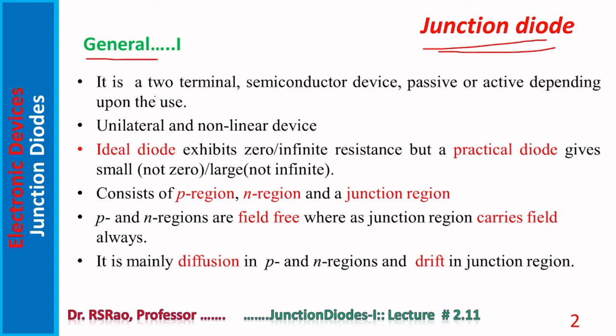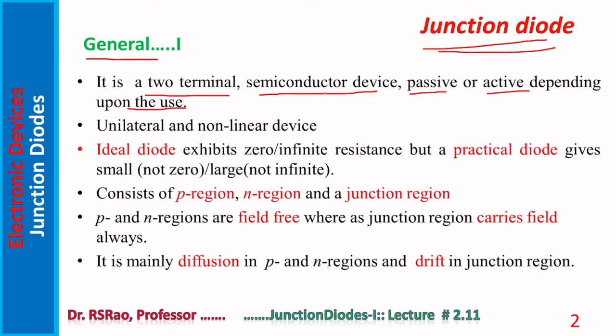As a beginning, it is a two-terminal semiconductor device. It is passive or active depending upon the use. Certain diodes are used as active element in amplifier circuits, like tunnel diode or varactor diode.